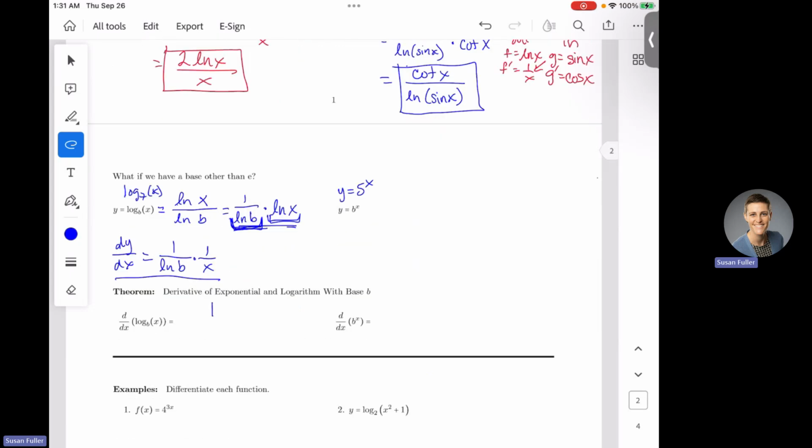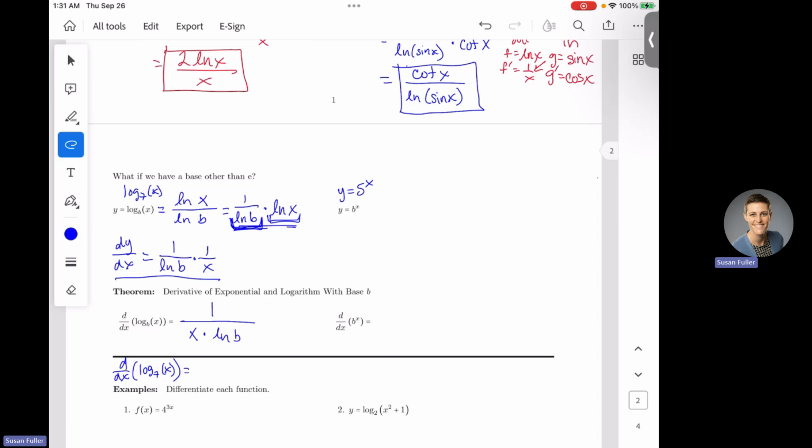Typically, we write it in one fraction and put the x first, so it's 1 over x times the natural log of your base. That's my derivative rule for log base b of x. For instance, what's the derivative of that log base 7 of x that I had up there?